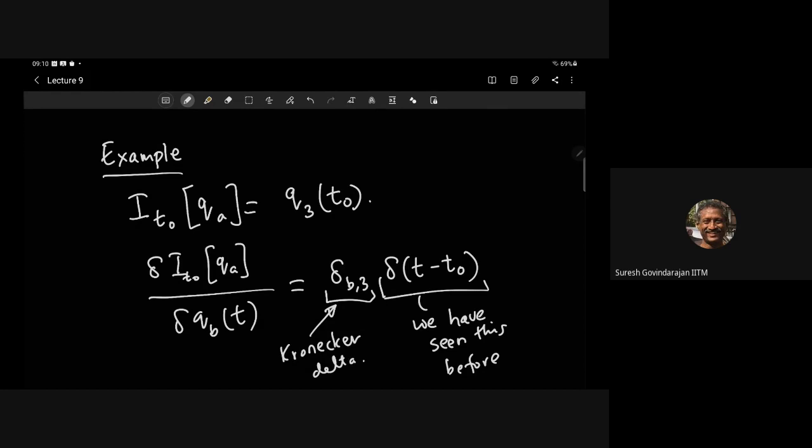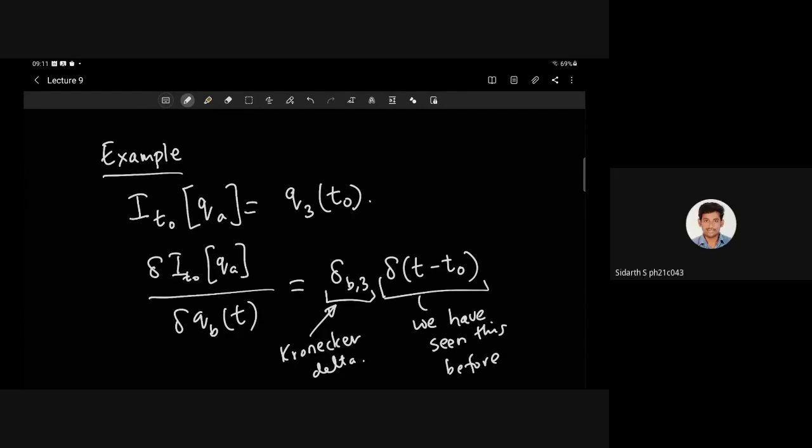Is this clear? Sir, why is it specifically b comma 3? Because my functional is picking out q3. I chose it to be that way. It has to do with the functional. If you had chosen q4, it would have been delta b4. If you have written some qc, it would have been delta bc, where c is some variable.